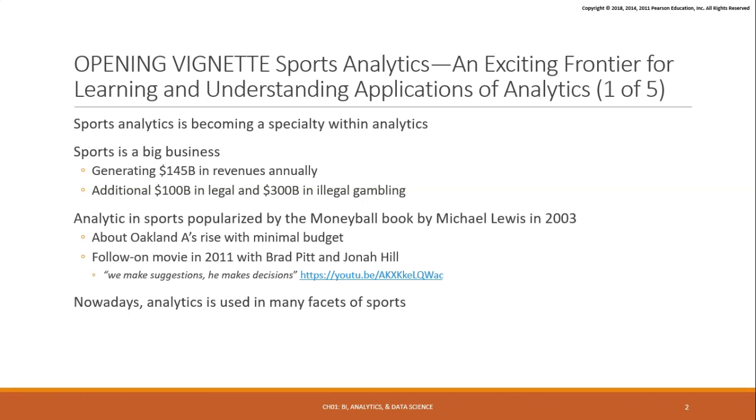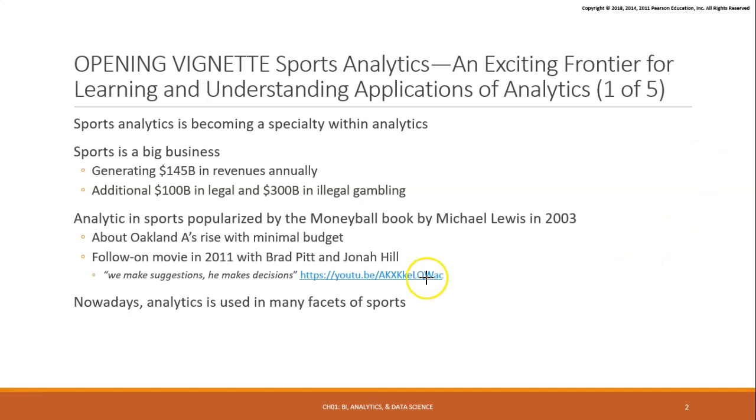And this brings up a story that is very common in analytics classes, and it was even mentioned in our textbook, but it's about the story of the Oakland Athletics. There's a movie based on a book called Moneyball. It starred Brad Pitt and Jonah Hill.